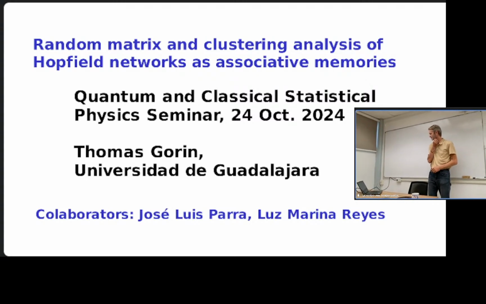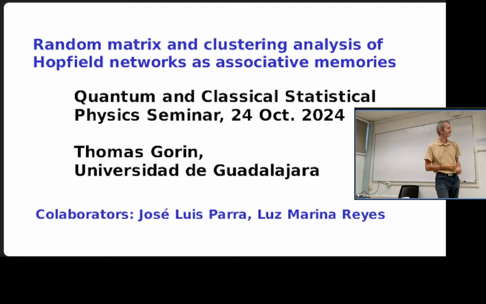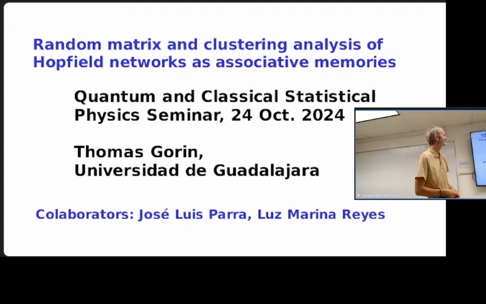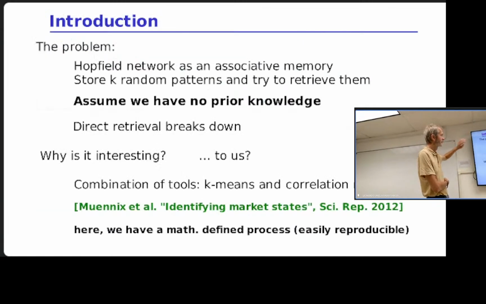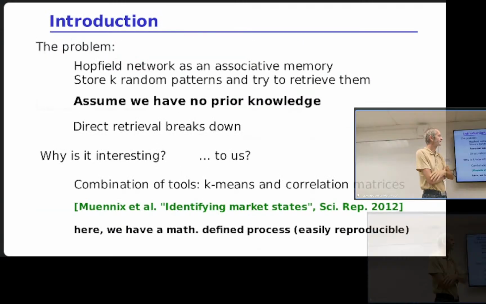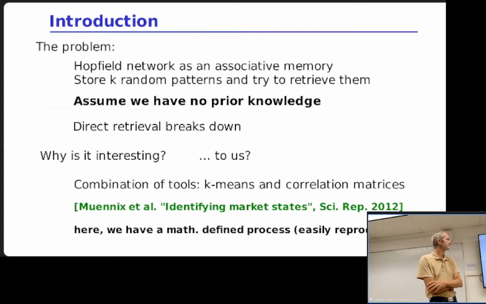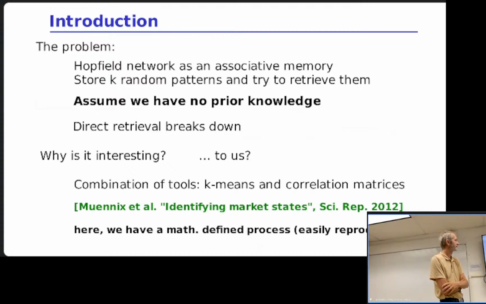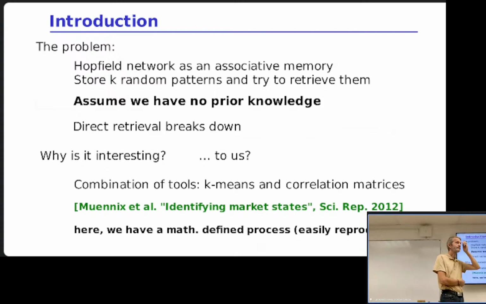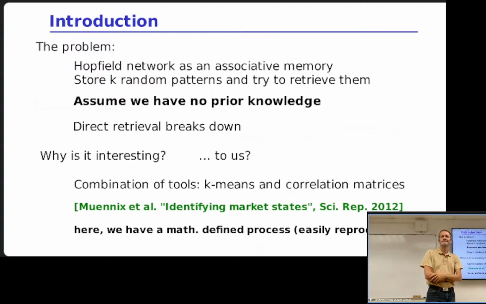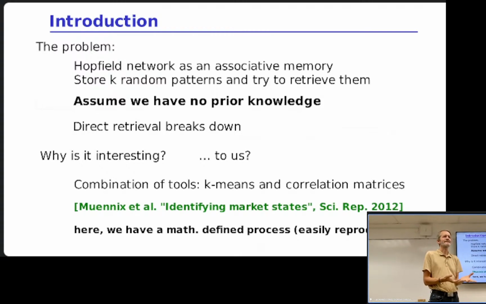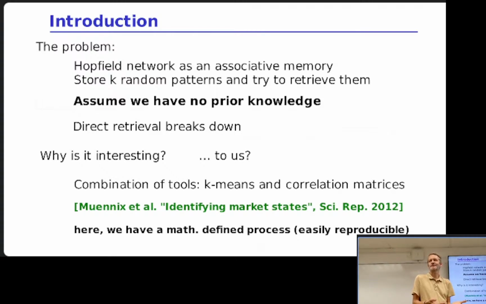Okay, I think now I explained too much in the previous slide, so this is what I wanted to explain. It's Hopfield network and associative memory. We will store k random patterns on that network. The fact that they are random makes it difficult to know whether it's really a pattern or whether it's just noise.